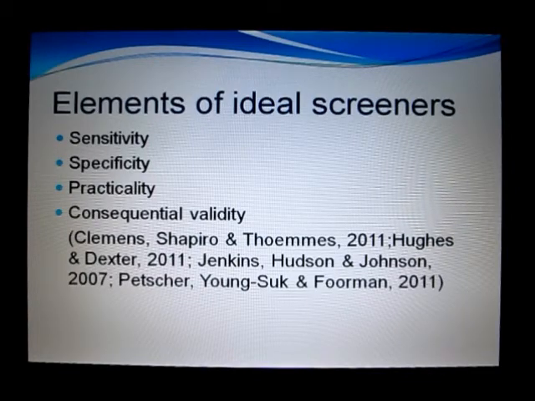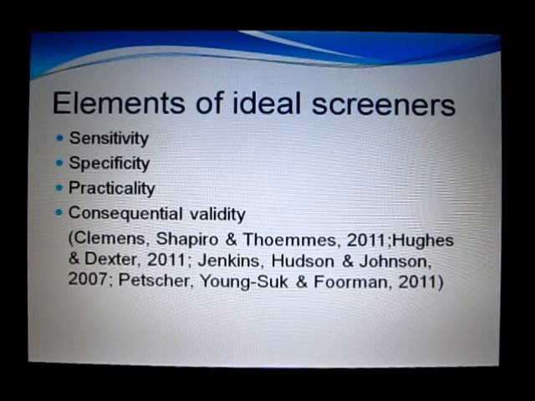Sensitivity refers to the degree to which a screening mechanism reliably identifies at-risk students who perform unsatisfactorily on future criterion measures. The specificity refers to the degree to which the screening mechanism that you use accurately identifies students who later perform satisfactorily on those criterion measures. These are later referred to as true negatives.